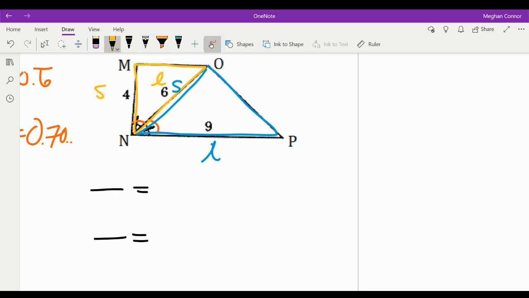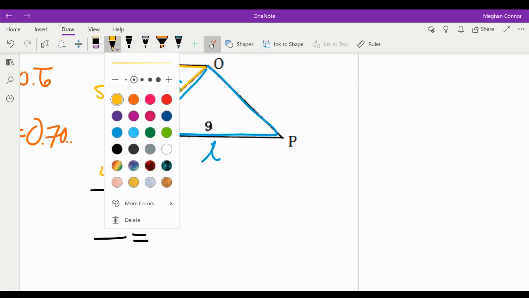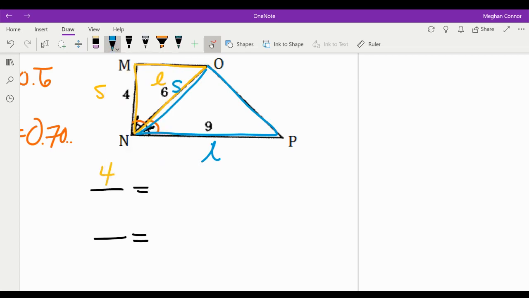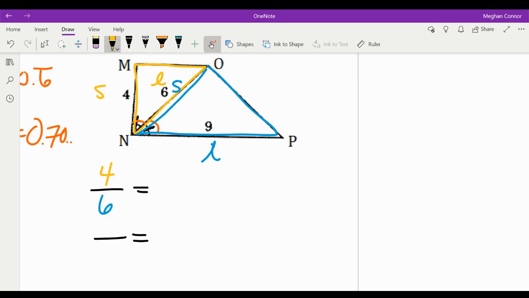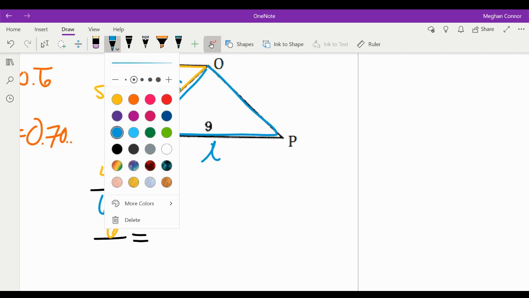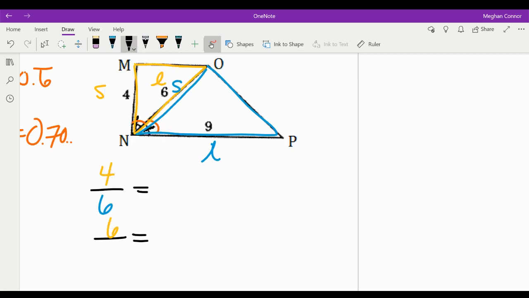So the yellow triangle's small side length is 4 compared to the blue triangle's small side length, which is 6. And then the yellow triangle's large side length, which is 6, compared to the blue triangle's large side length, which is 9. 4/6 is 2/3, and 6/9 is 2/3.